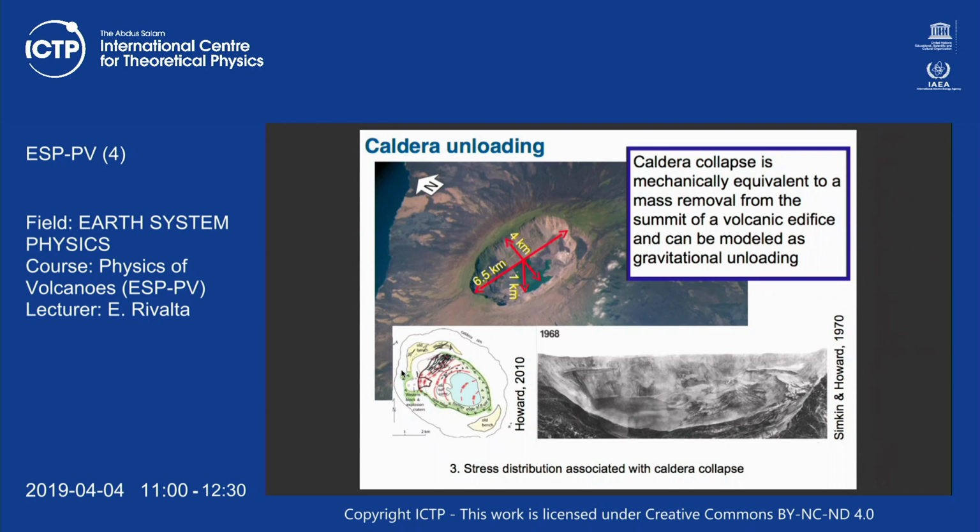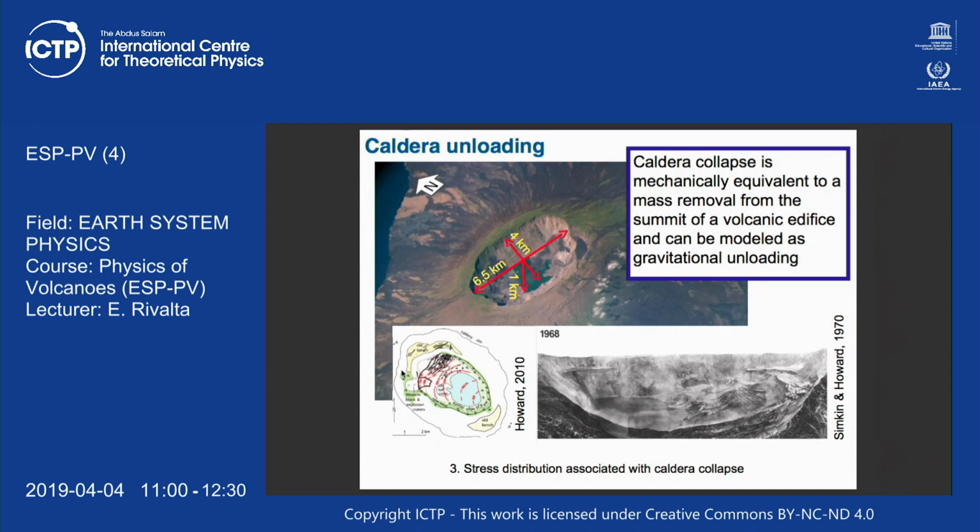Okay, so we did this work with a postdoc of mine, Fabio Corbi, an Italian guy, and we thought, okay, if you generally have a big edifice creating a load, what happens if you remove some mass from the edifice and create a caldera?